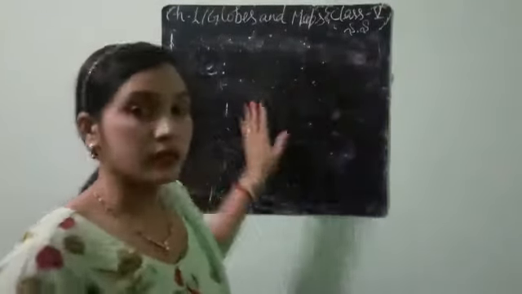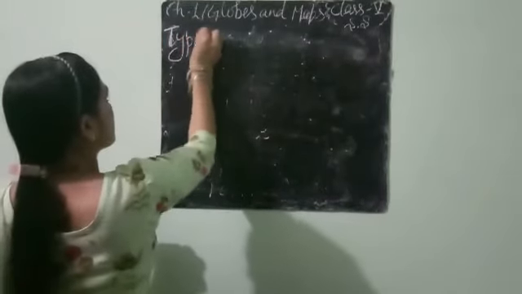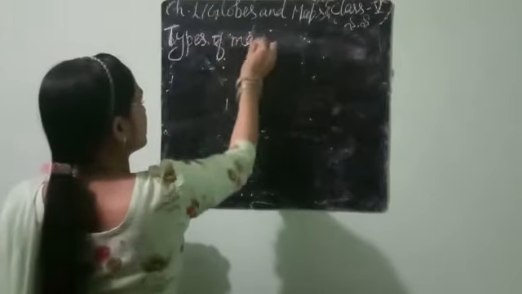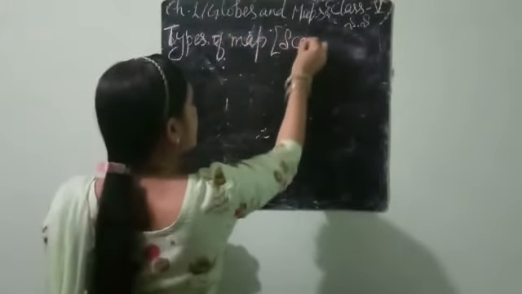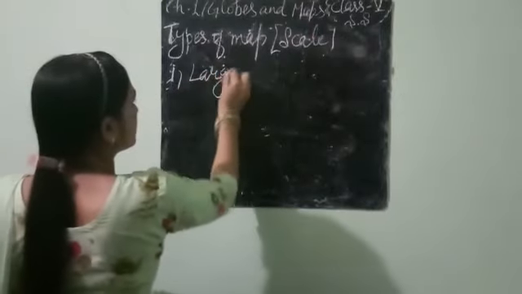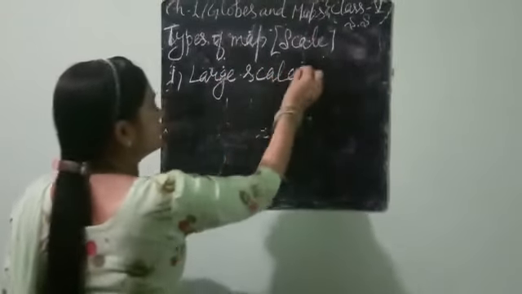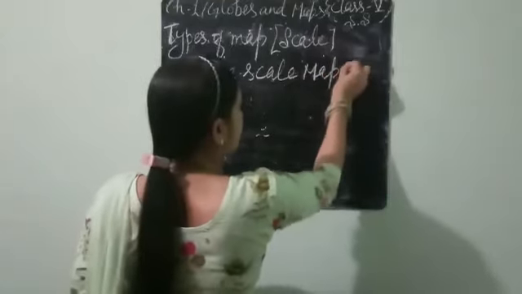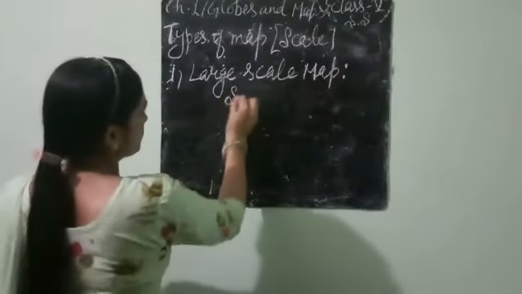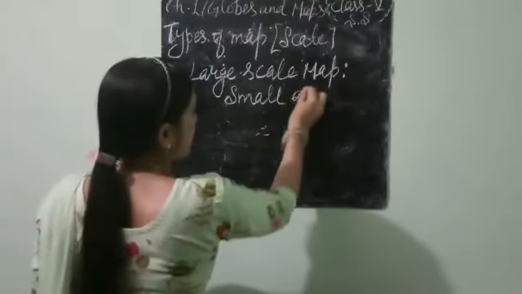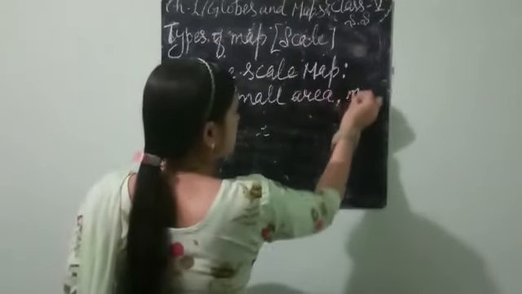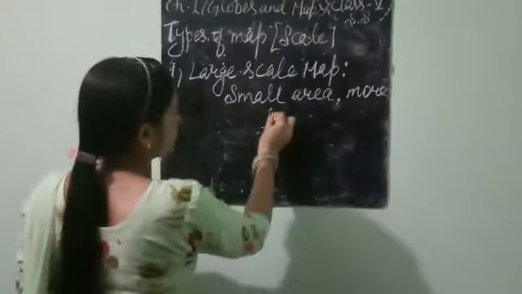Now according to scale, there are two types of maps. The first type is the large scale map: small area and more information.